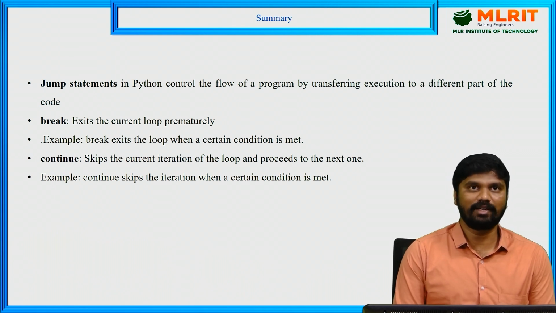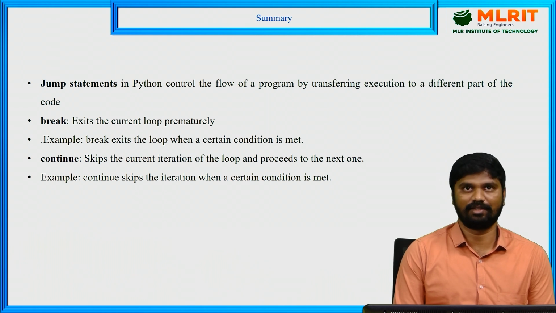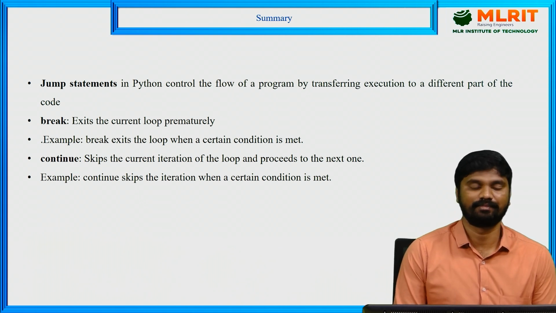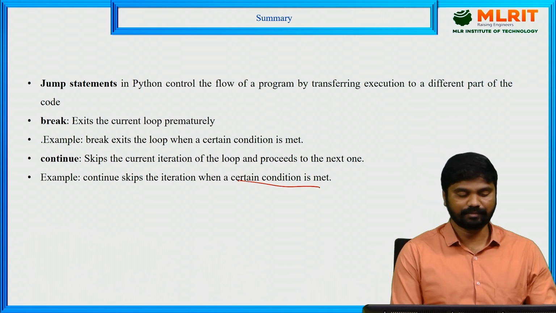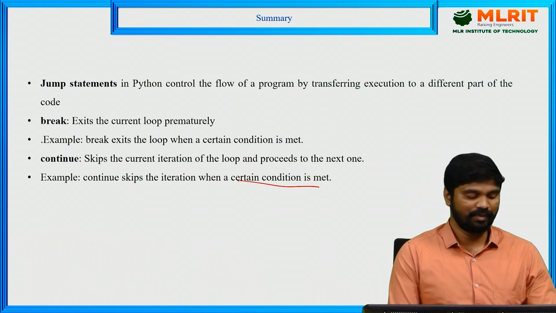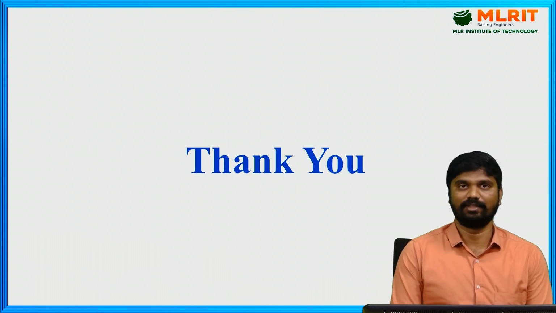It skips the current iteration of the loop and continues with the next iteration. How can we give that? Based on the condition, right? So this is about control statements, right? In the next topic we'll discuss functions, like that. Thank you.